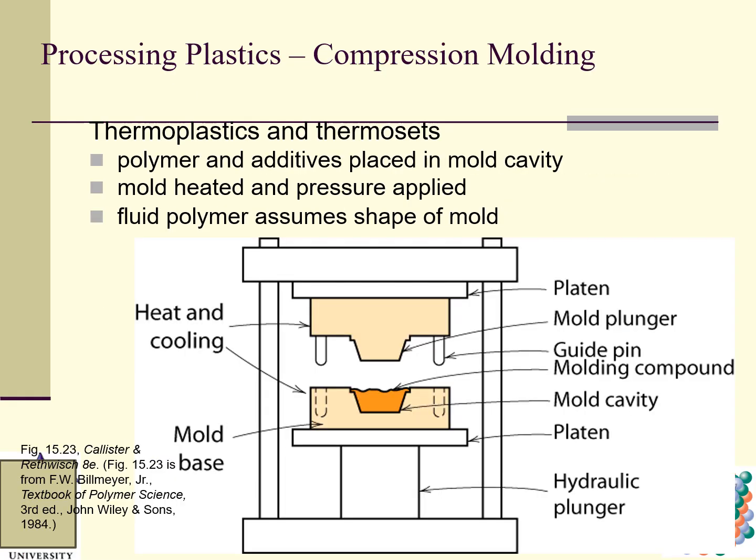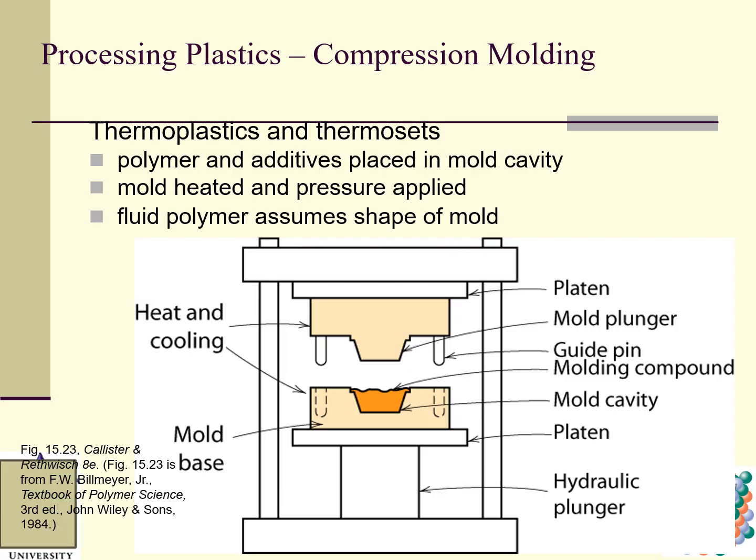And then we talk about processing plastics, compression molding, on thermoplastics and thermosets. Polymer and additives are placed in the mold cavity. Polymer and additive, we learned some additives here. The mold is heated and pressure applied. A fluid polymer assumes the shape of the mold, as this figure illustrates. So this is a die, heat and heat.